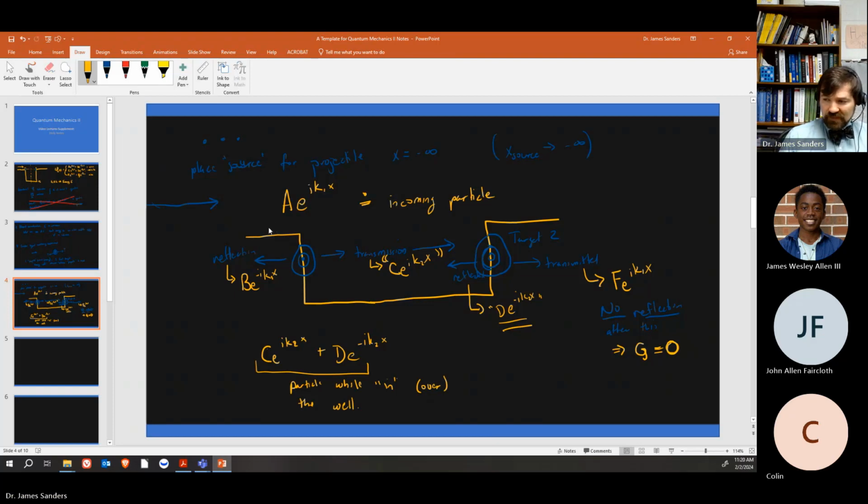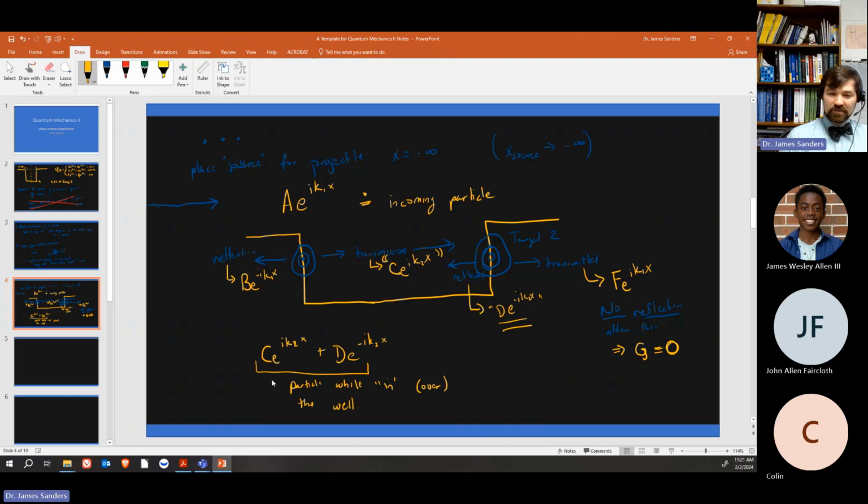The fact that we can't measure how many times this happens doesn't mean it didn't exist. That's sort of the follow-up discussion post class, last time. But we can basically just say, well, the total amplitude of everything that is somehow between these two is this right here. Now, it would be nice to eliminate amplitudes C and D if possible. Why?